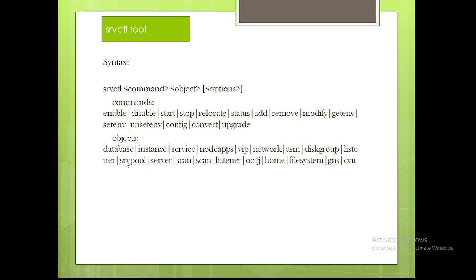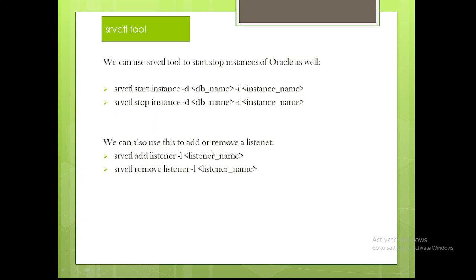These are the commands, and the objects are: with this srvctl tool you can query the database, the instances of the database, the services related to the database, the node apps, VIP, network, ASM, disk groups, listeners, and scan listeners. So you can use this tool to configure and manage all these objects of the database.